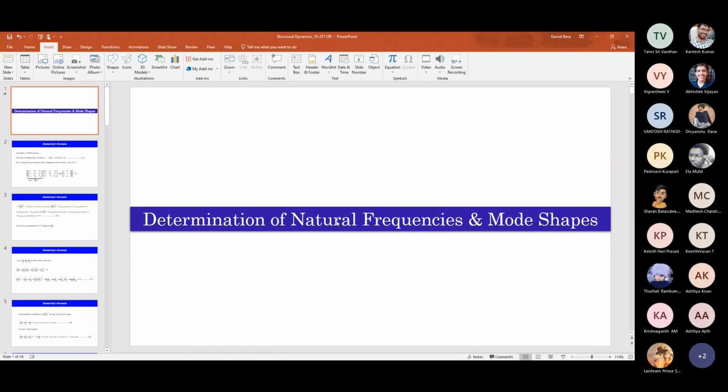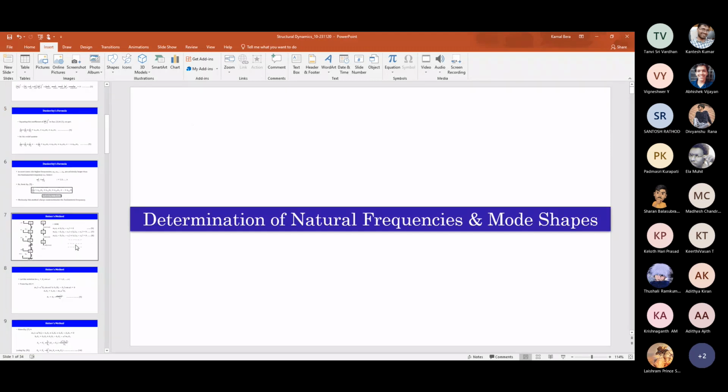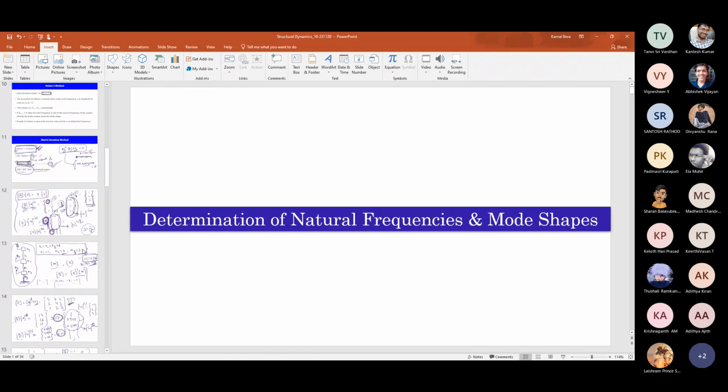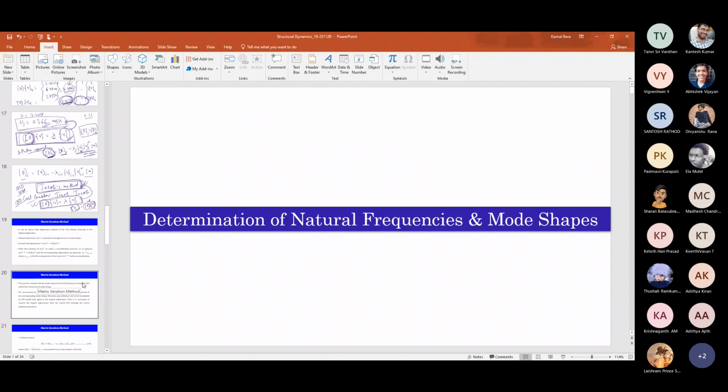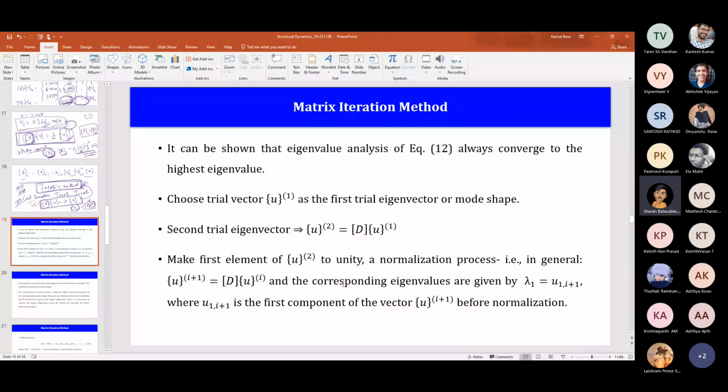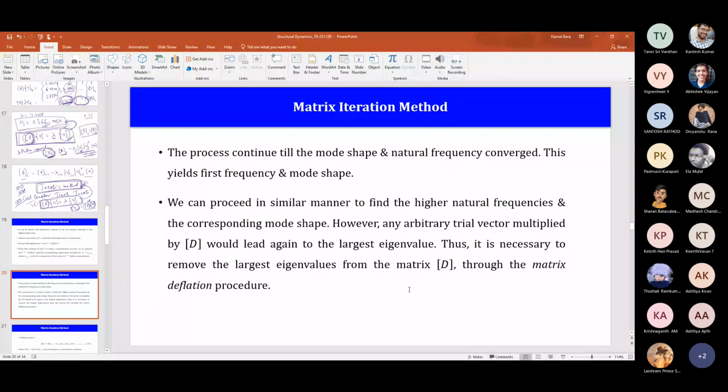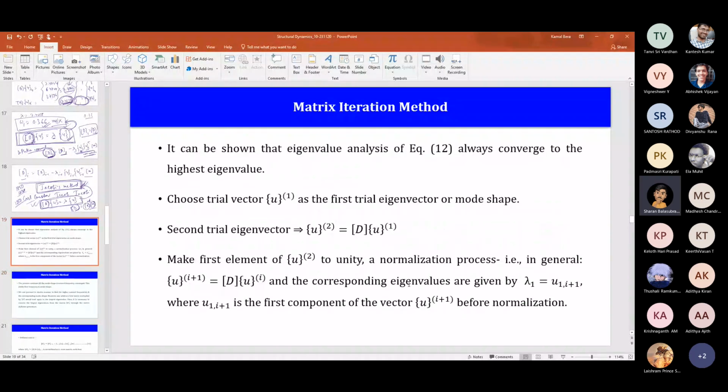What is the basic assumption in the Euler-Bernoulli beam? No shear deformations, and plane sections remain plane after bending.